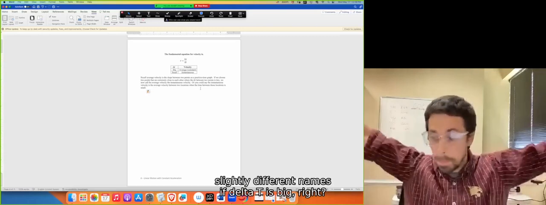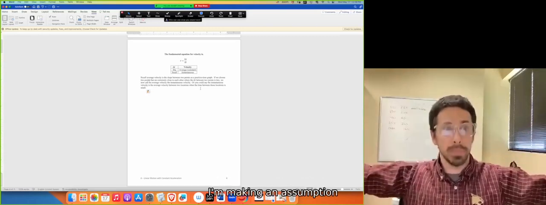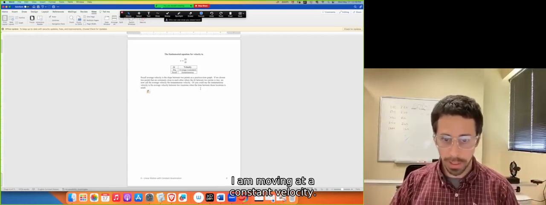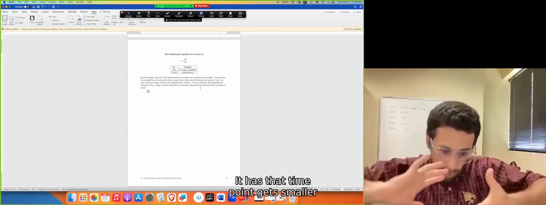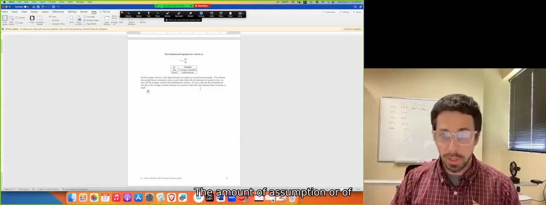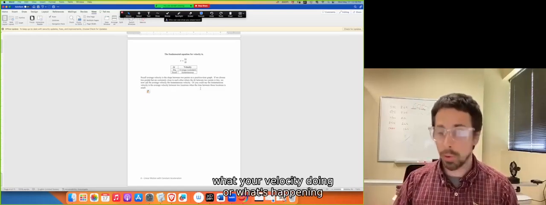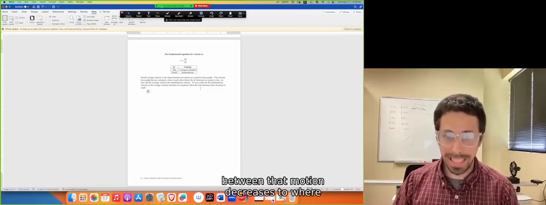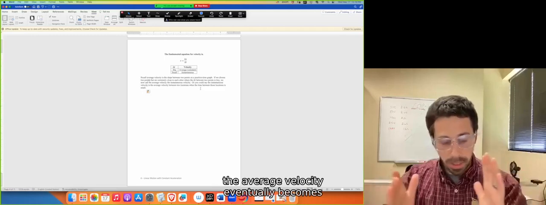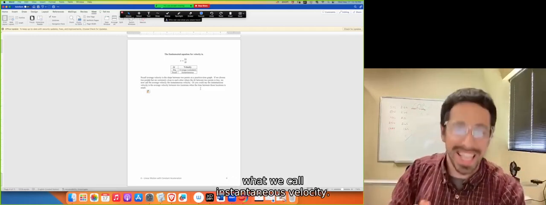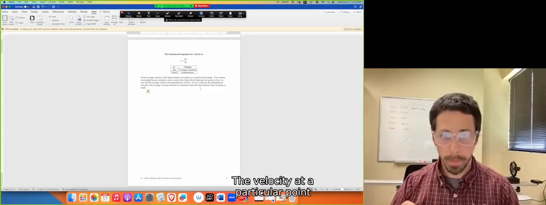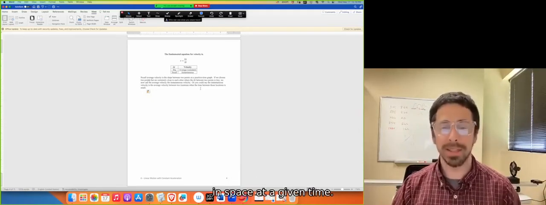If delta t is big, I'm making an assumption that between these 2 time points, I'm moving at a constant velocity. And as that time gets smaller and smaller, the amount of assumption about what's happening between that motion decreases to where the average velocity eventually becomes what we call instantaneous velocity, the velocity at a particular point in space at a given time.